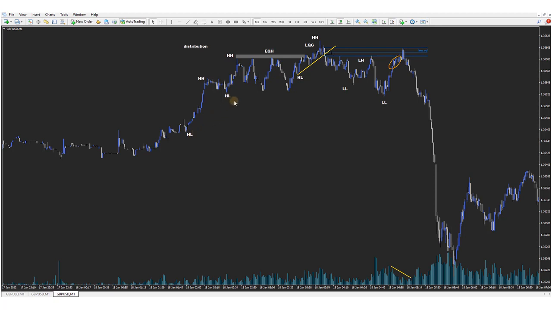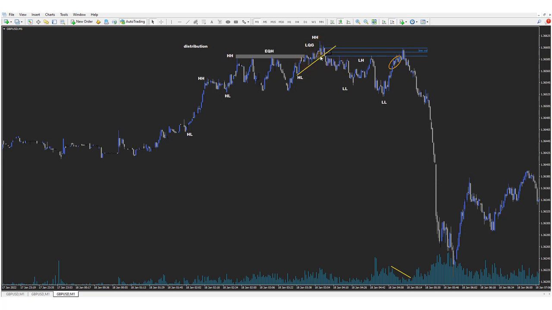So price was going up, yes, higher low, higher high, higher low, higher high, and finally went to the supply. So we can say that this is probably the chance of distribution, that sellers are preparing for a sell. They push the price higher to get a better price, and then broke the structure.